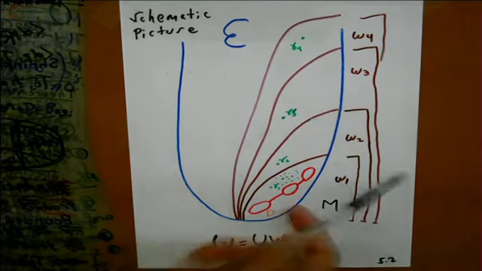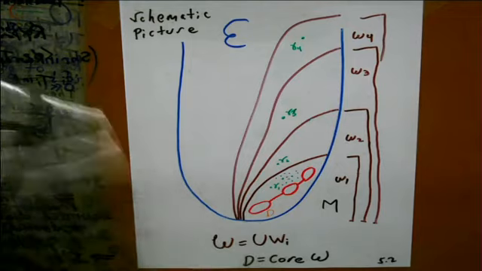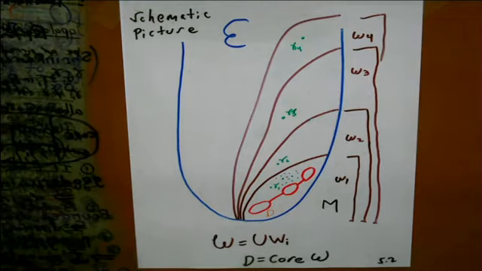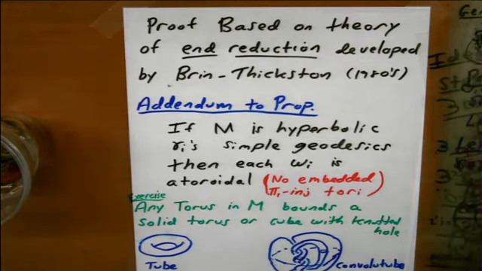But this is just purely topological. If this is actually happening in the world of hyperbolic 3 manifolds, and this was an end of a hyperbolic 3 manifold, and these were geodesics, then these W_i turn out to be atoroidal compact 3 manifolds.